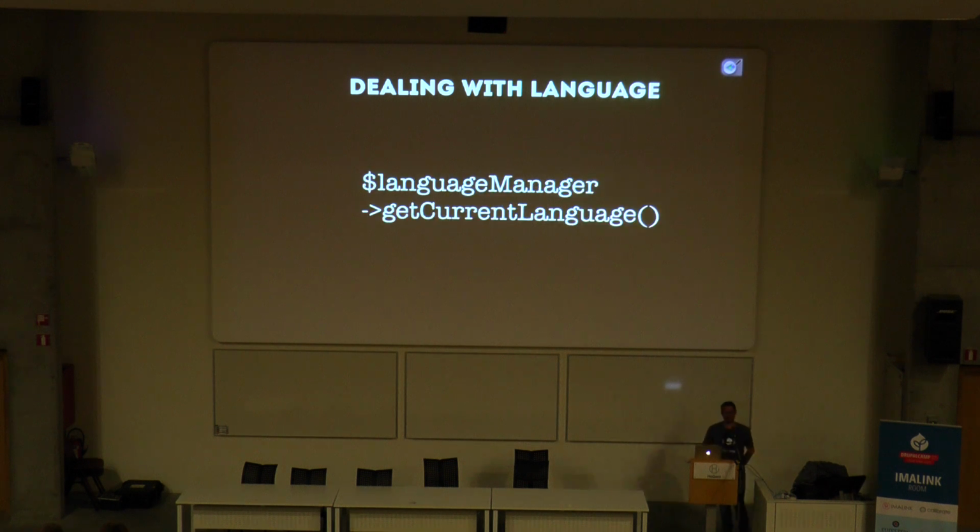And the language module also contains detection, so you can configure in the UIs how you want to select the language the page should be displayed in. And from the APIs, if you need to access this language, you will use the getCurrentLanguage method on your language manager, and this will return the language object of the current language of your UI.